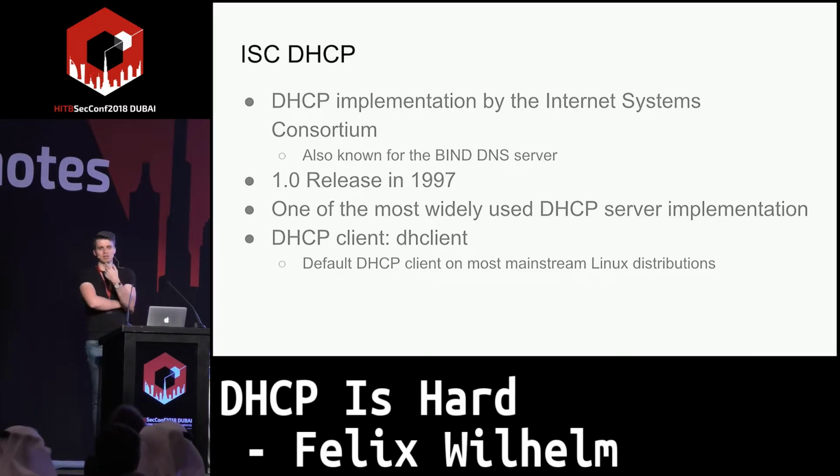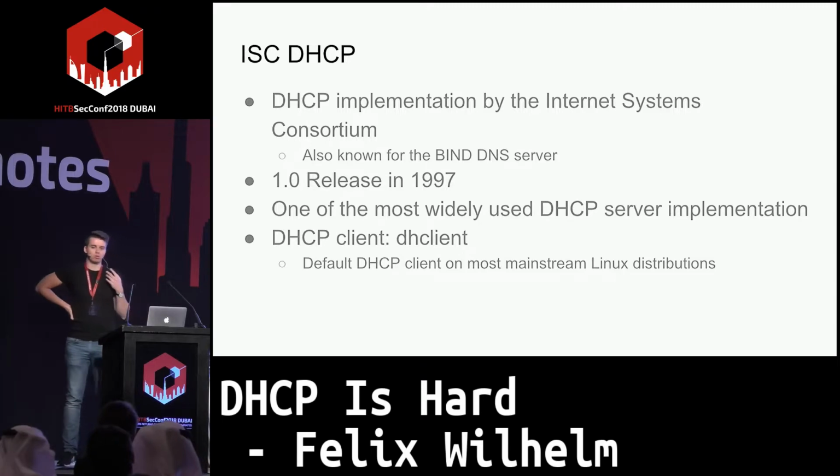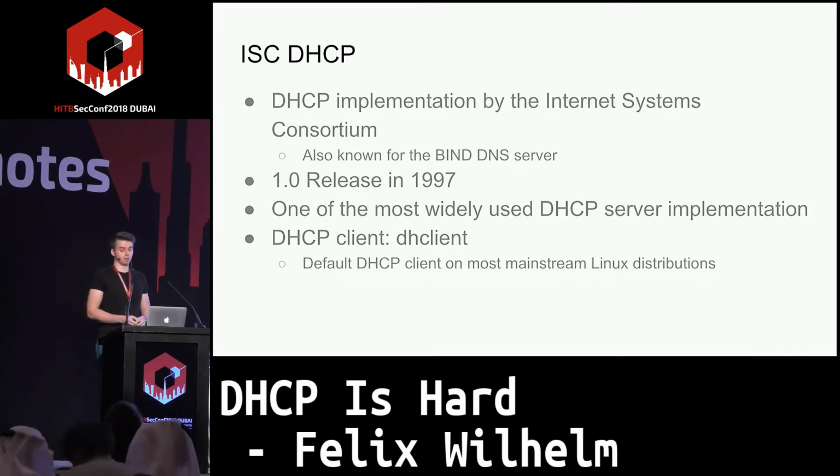The server side of the implementation is one of the most widely used server implementations. Even more importantly, the DHCP client, called dhclient, is pretty much the default DHCP client on most mainstream Linux distributions. So if you have a Debian or a Red Hat, chances are really high that dhclient is the code base that does the DHCP for you.